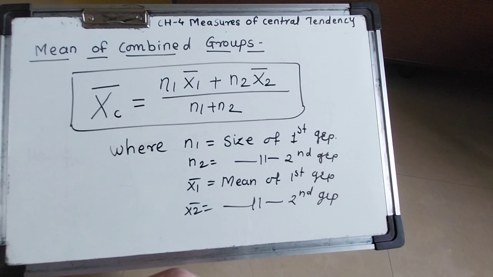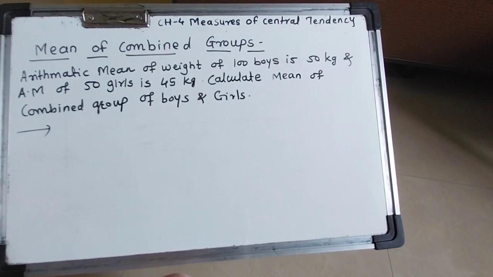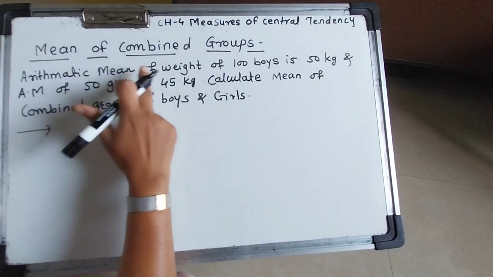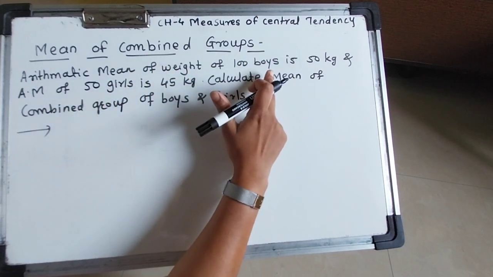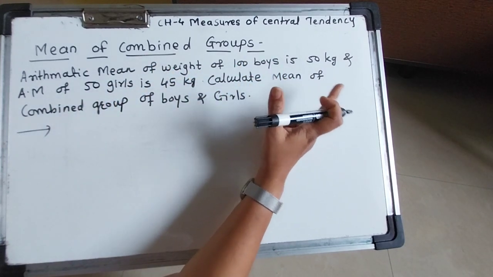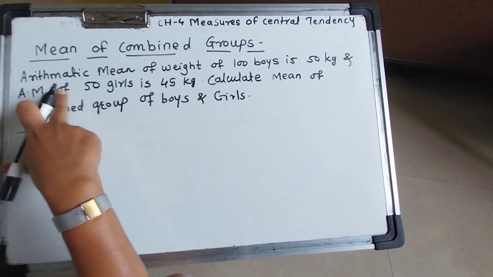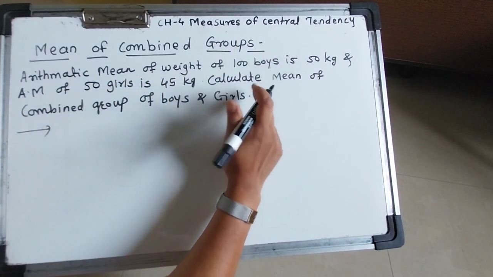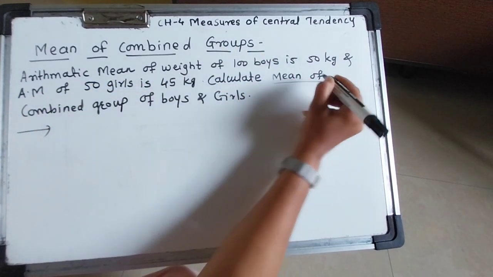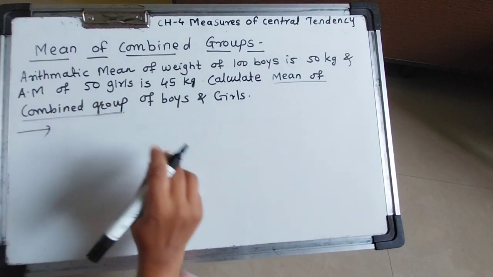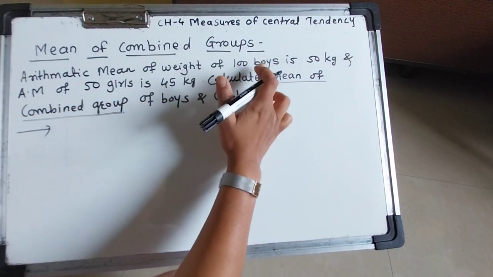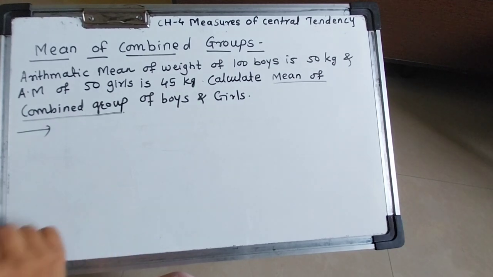We'll go through one example. See, a very simple example. The arithmetic mean of the weight of 100 boys is 50 kg and the arithmetic mean of 50 girls is 45 kg. Calculate the mean of the combined group. They give two groups: one for boys, one for girls.